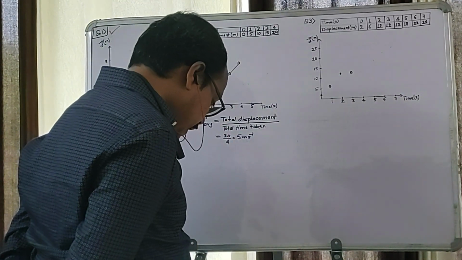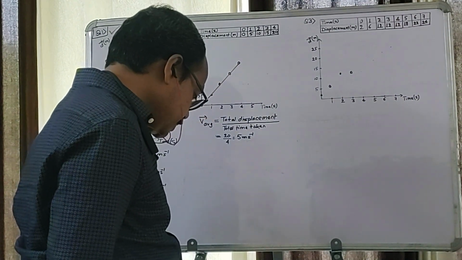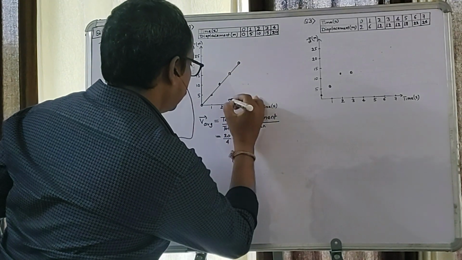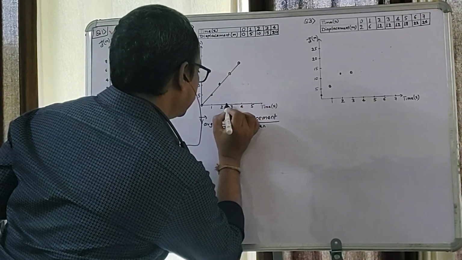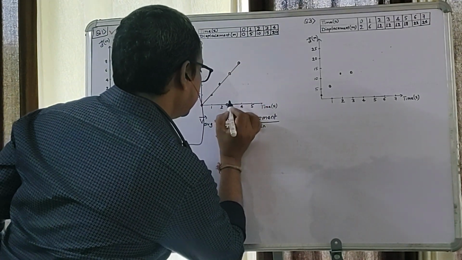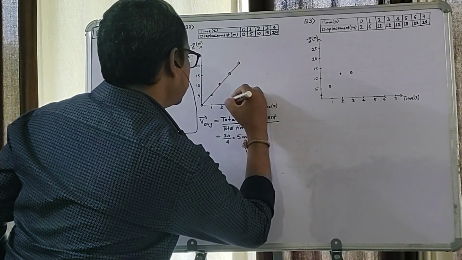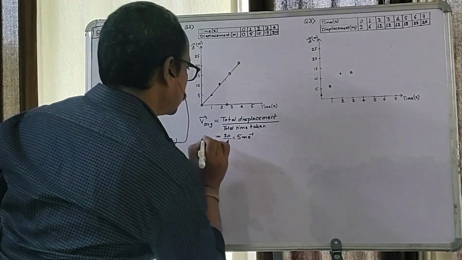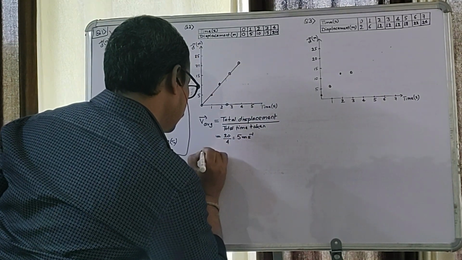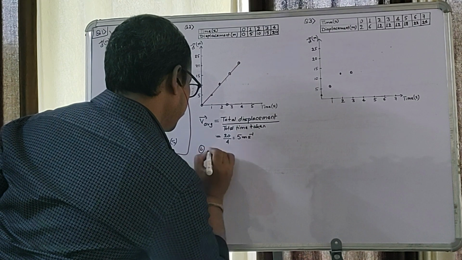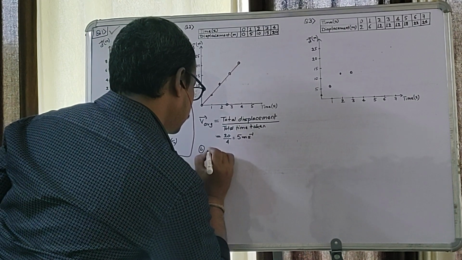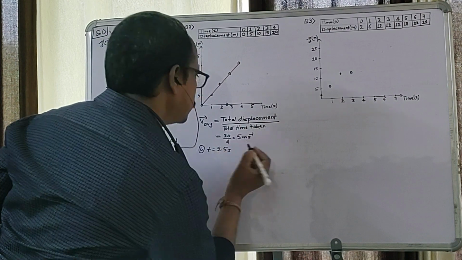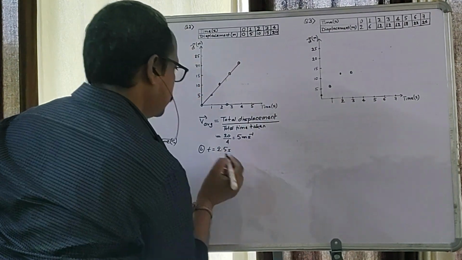Now the second part is asking what will be the displacement of the car at 2.5 seconds. At 2.5 seconds, approximately here we are. Now we know the velocity and we have been given the time, t equal to 2.5 seconds. What is the displacement? There are two ways.